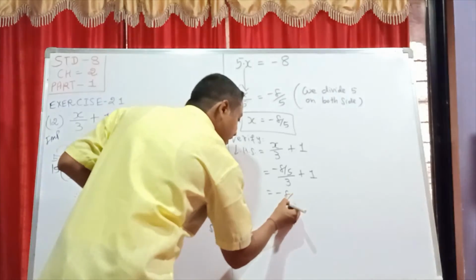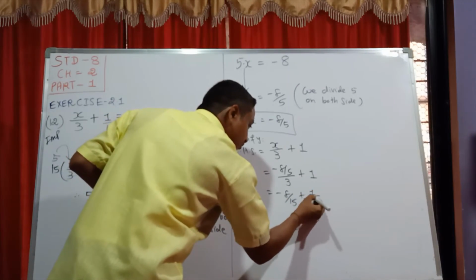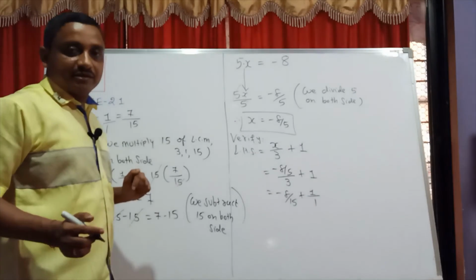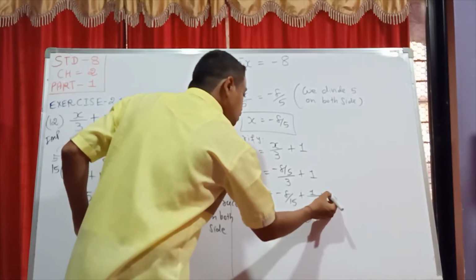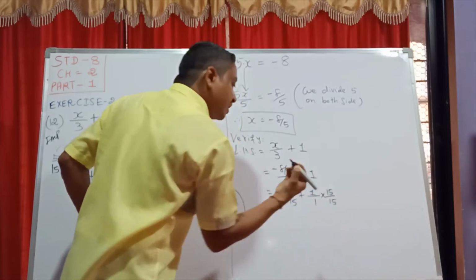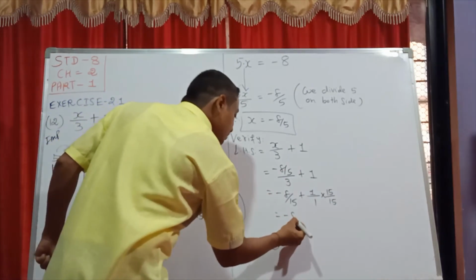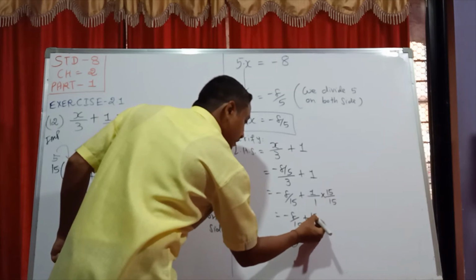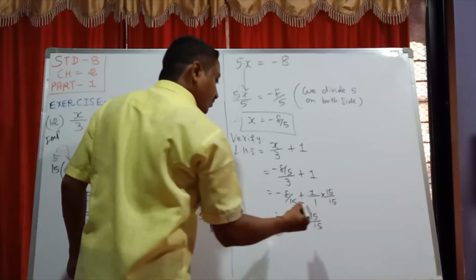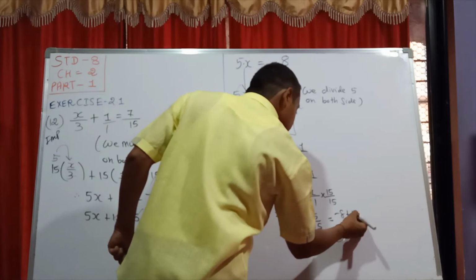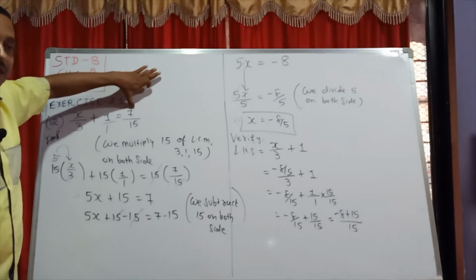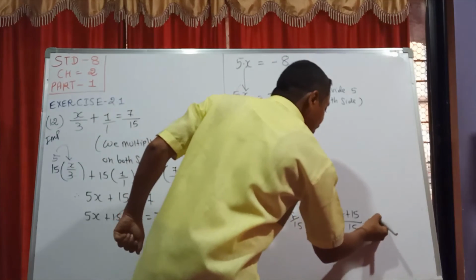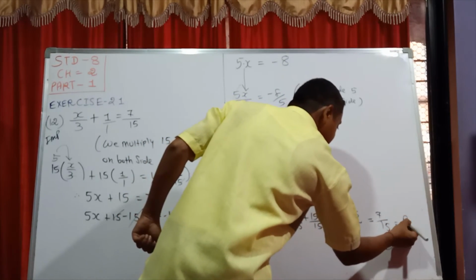So it is 5 threes are 15, and here 1 as it is. Now how much is the LCM? Yes, the LCM is 15. So students, we are extra multiplying 15 and dividing 15, getting 15 by 15. And further LCM, students, how much? 15 minus 8? Yes, it is 7 by 15.